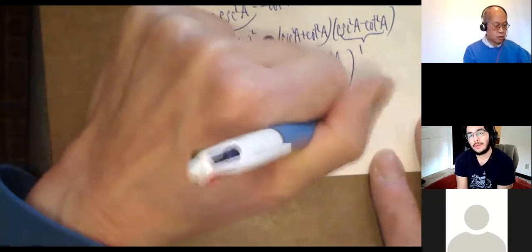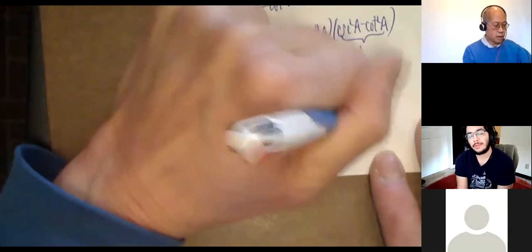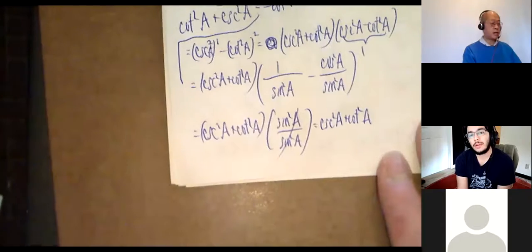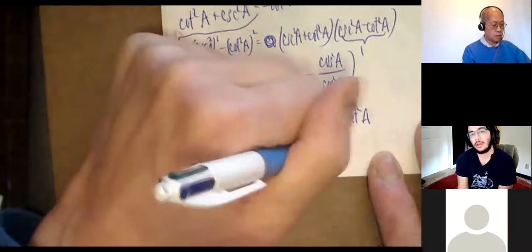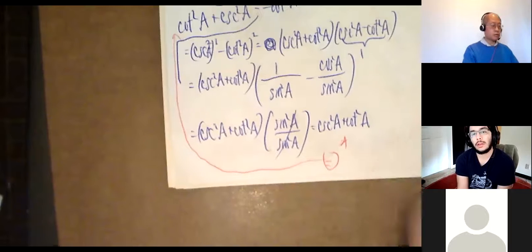So cosecant squared A plus cotangent squared A, and they match, as you can see. Equal.